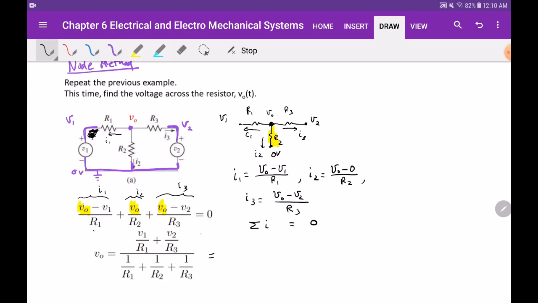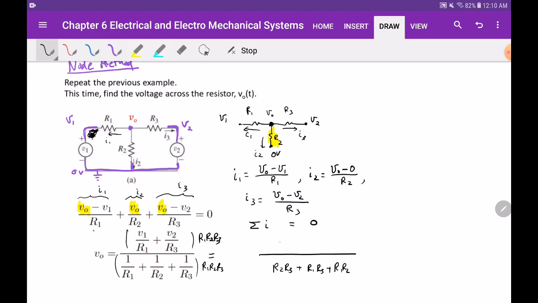So how do you do it? You multiply the top and bottom by the same number, which is R1 times R2 times R3. Why did I choose that one? That's the common denominator. After you multiply, you'll have R2 times R3 plus R1 times R3 plus R1 times R2 in the denominator.